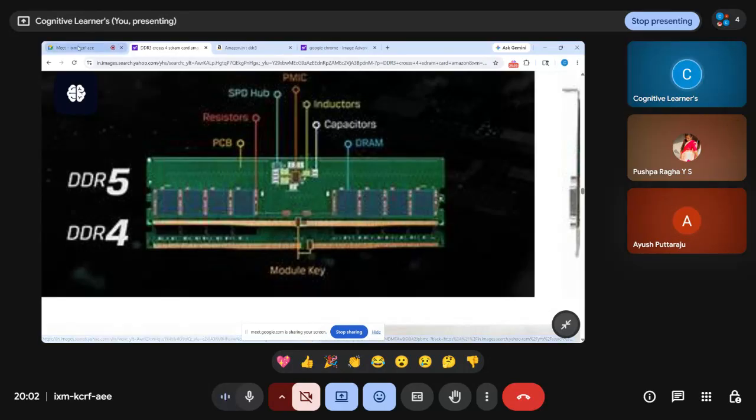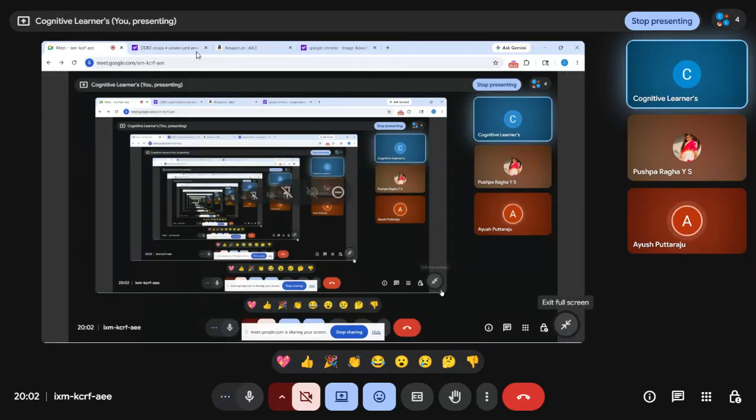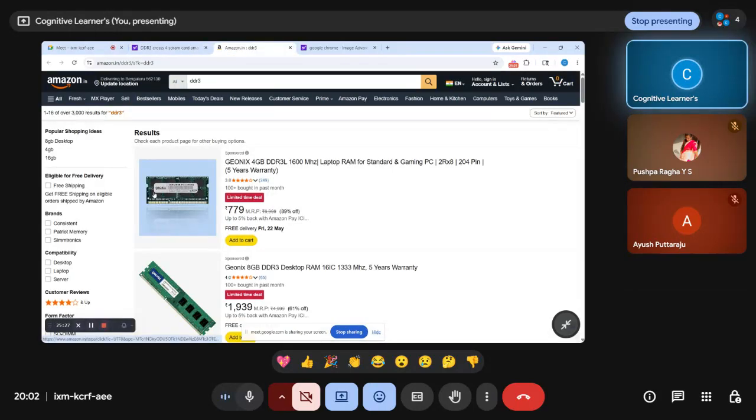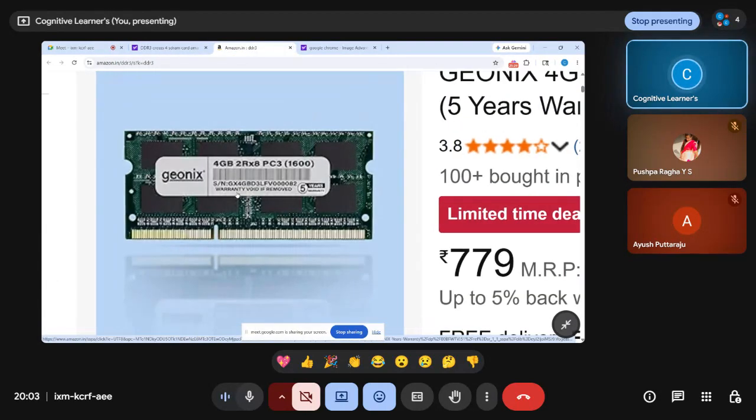Cross 8, definitely cross 8. Next, labeling I will show. Inside, the label is present, right? On the label, cross 8. Cross 8 is nothing but 64 divided by 8.